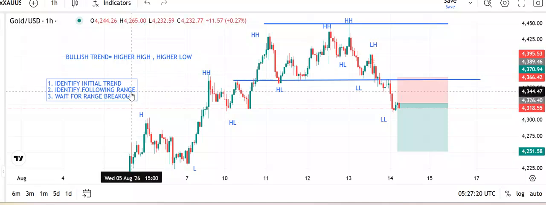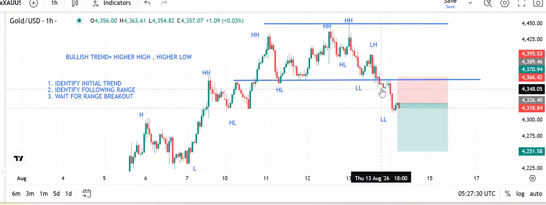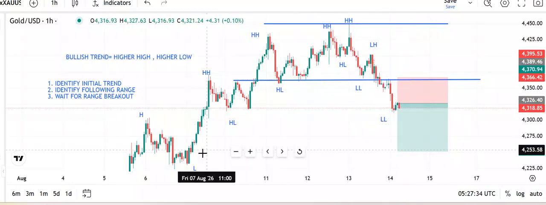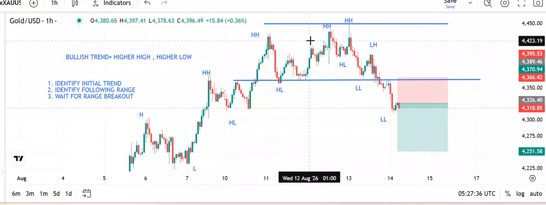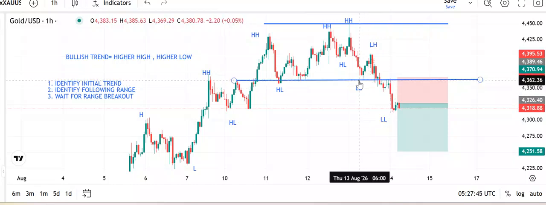So the idea is if price breaks out, it is likely to start a new trend. This is the old trend, bullish trend. You have the range, then you have the breakout, and then you start to anticipate a new trend, which is most likely a bearish trend.